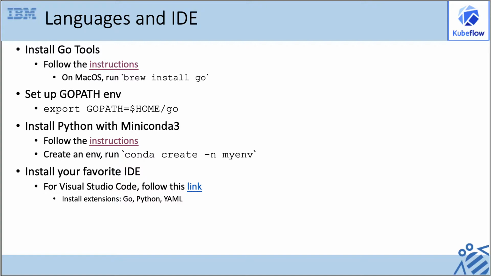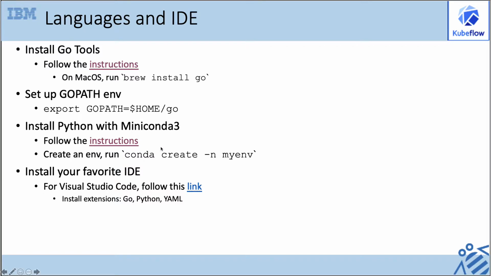So if you just want a free IDE for Go development, I would recommend Visual Studio Code with the Go extension. Of course, there's also a non-free, very good IDE, GoLand, right?